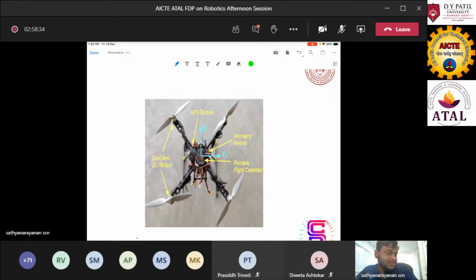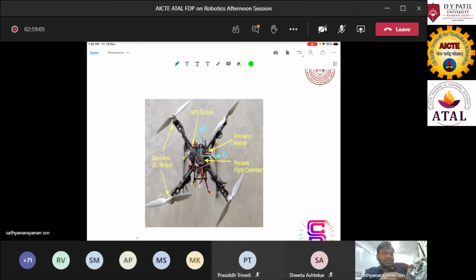The second most important thing is the transmitter and the receiver, where you have an RF transmitter and receiver with joysticks, which is used to control your drone. This is connected to the Pixhawk board, and you use this joystick to control it.